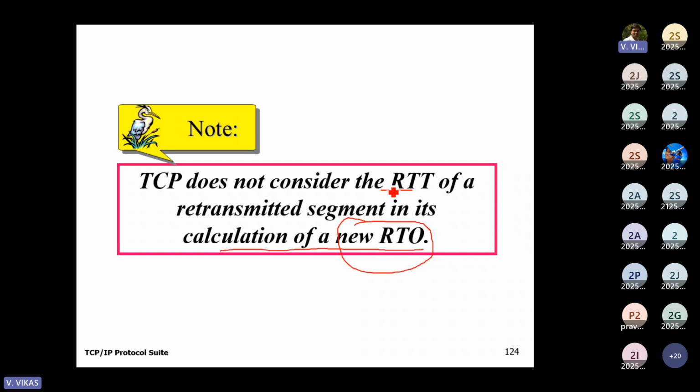We just double that value, so the new RTO value will be 120. If you have another retransmission, we make the RTO value 240. This is considered the backoff algorithm. Whenever we have retransmission, the RTO value is not updated based on the RTT value, but is doubled from the previous value.